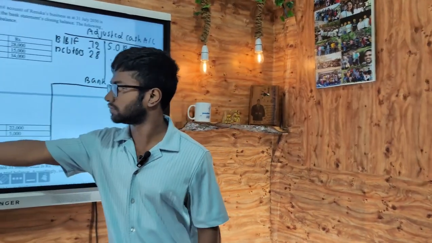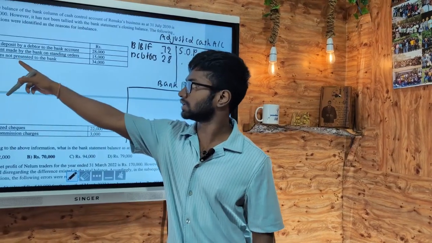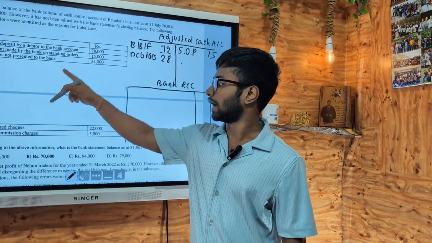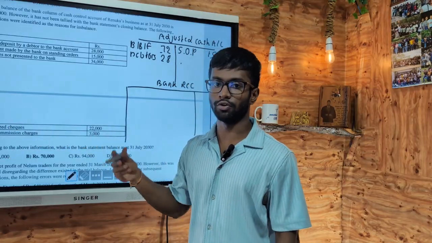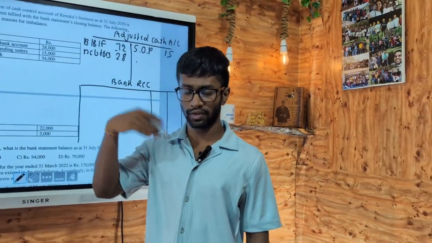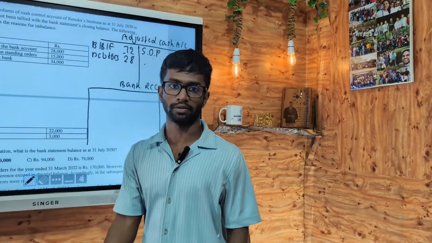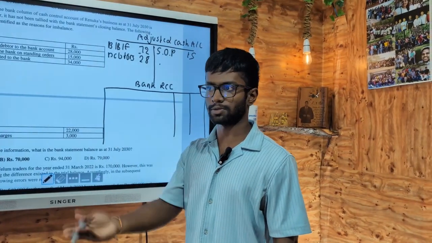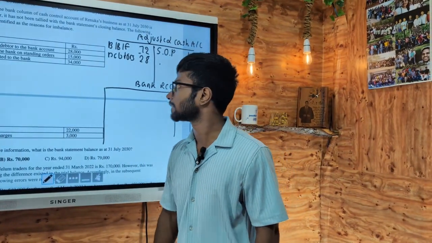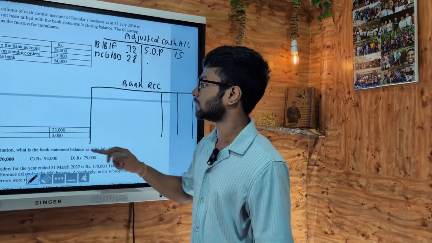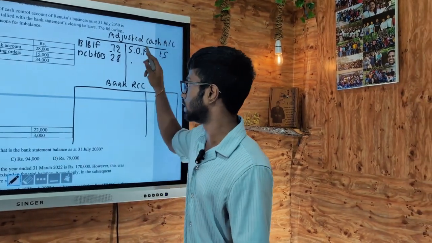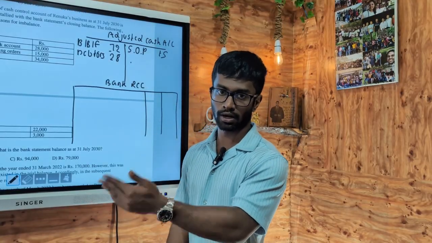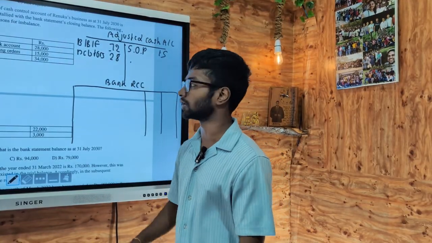Then we also have unpresented checks, which are checks not presented to the bank, and here we have unrealized checks. So those are checks which we have recorded but the bank has not recorded them. So those should appear in your bank reconciliation statement. I have explained why in the theory. But bank commission charges should appear in your adjusted cash. That means the bank has recorded, but the business has not recorded.